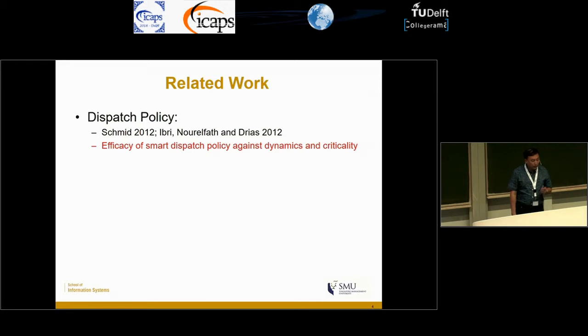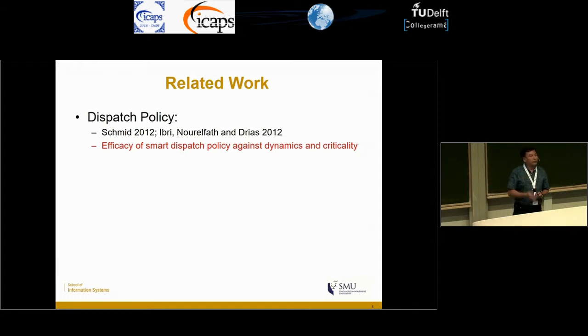Moving on. So what have people done? Typically in 3 areas. At the operational level, like I said, there is the dispatch policy type of work. And these papers are taken from the OR literature, typically. They deal with generating dispatch policy, which may be nearest neighbor or some other more clever dispatch policy.